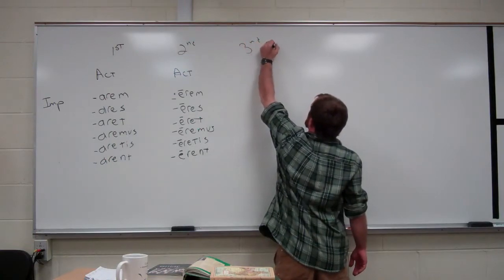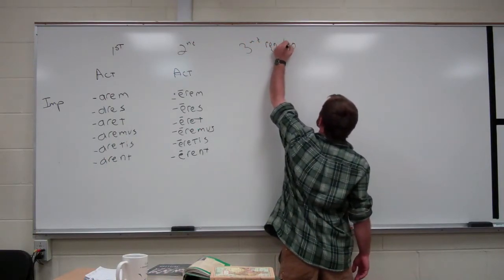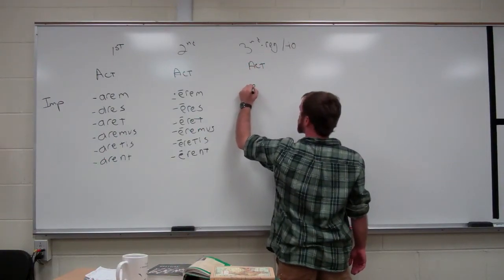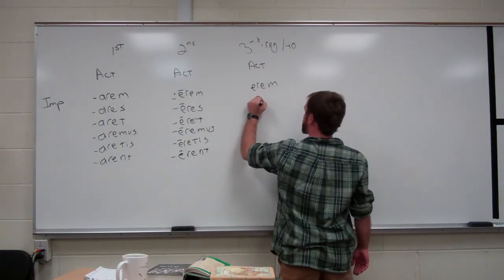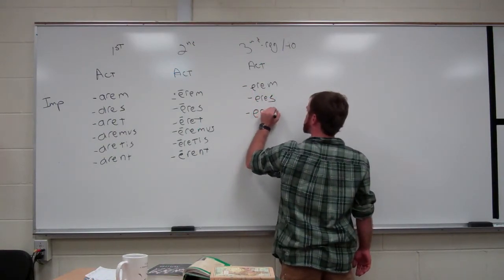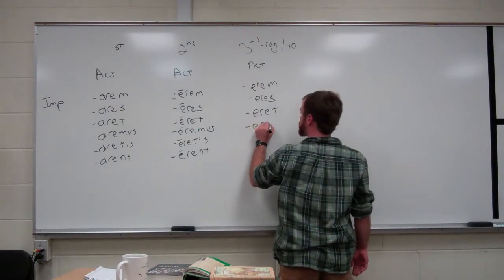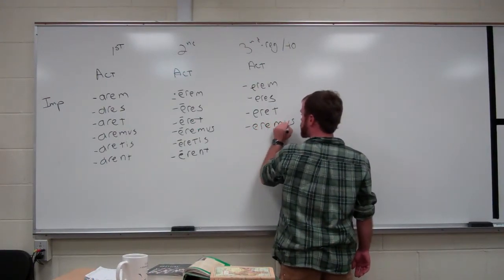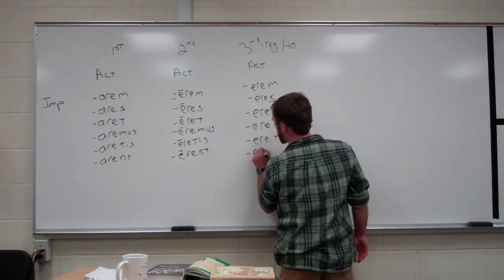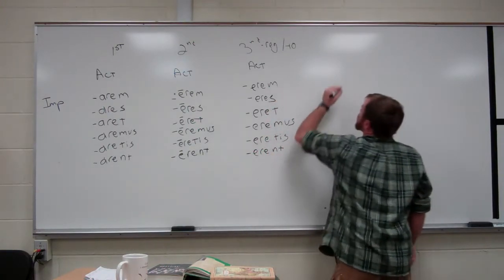Third regular, and I-O for this one. Active columns in both. E-R-E-M, E-R-E-S, E-R-E-T, E-R-E-M-U-S, E-R-E-T-I-S, E-R-E-N-T.